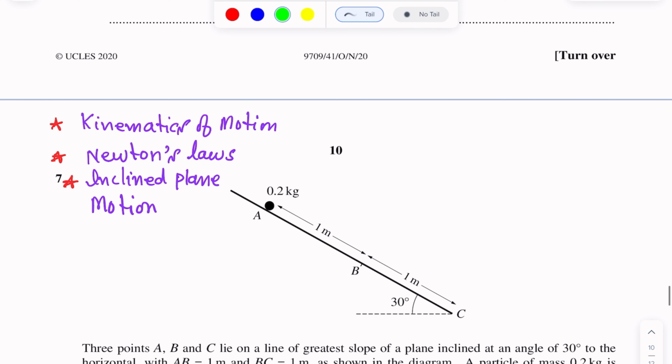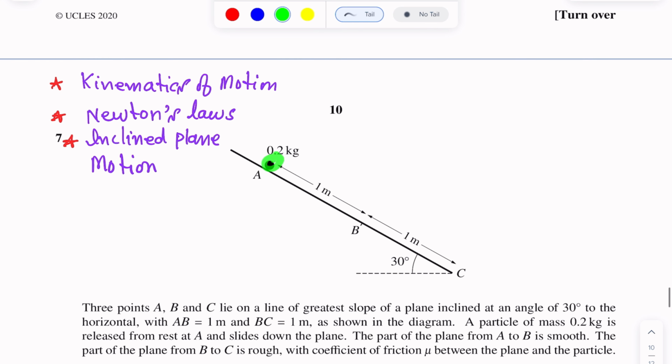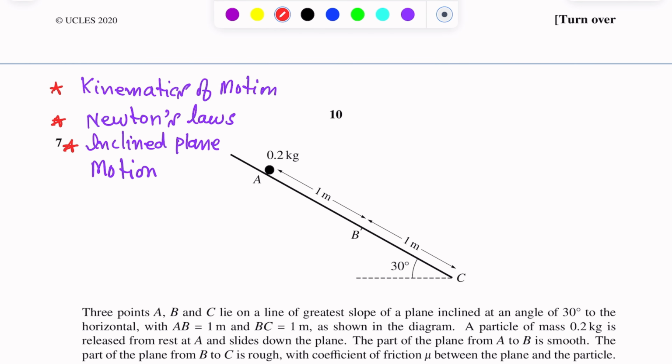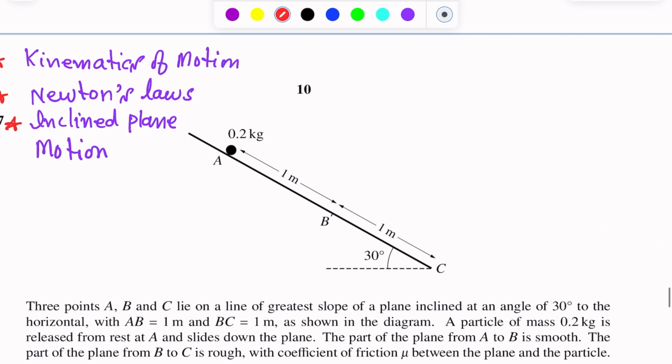When we release this particle from rest, the only force acting on this particle is the component of the weight which is acting along the plane. So we are resolving the weight first, to show the component due to which it moves along the plane. Weight vertically downward, this is the weight of the particle, mg.